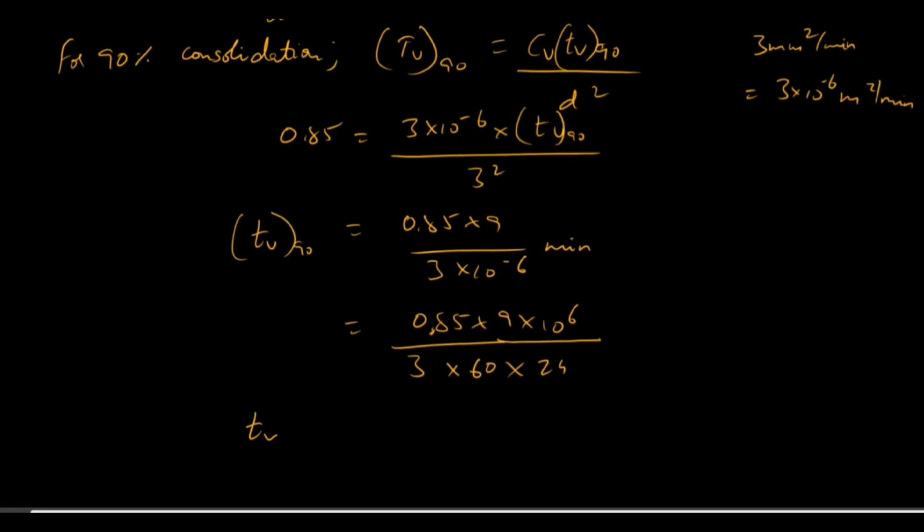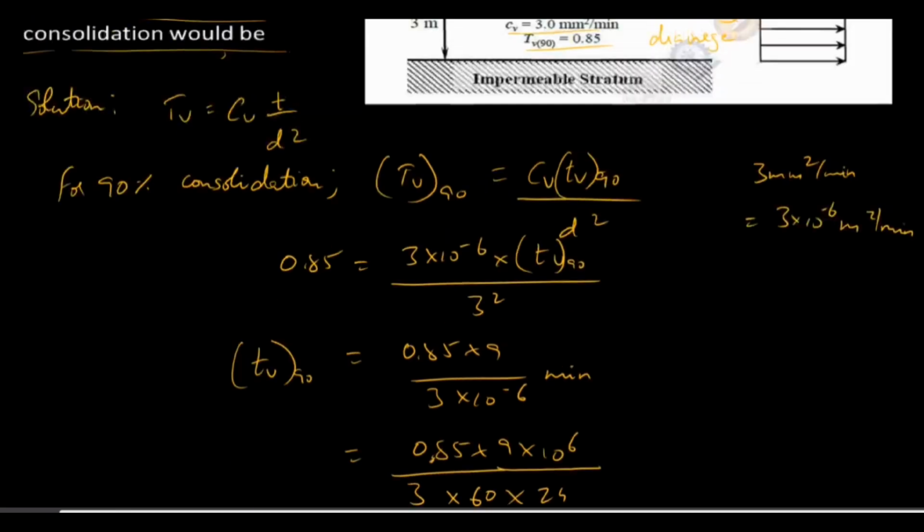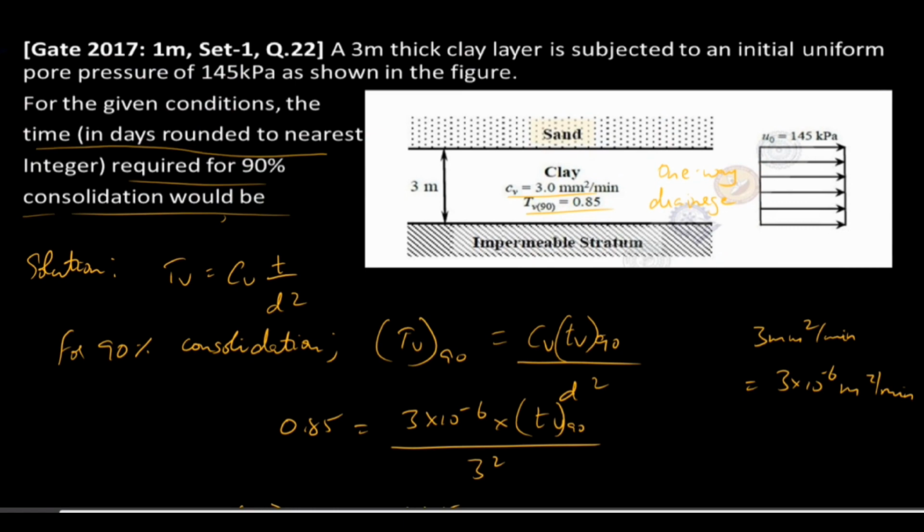By solving this we get 1770.83, which rounds off to 1771 days.